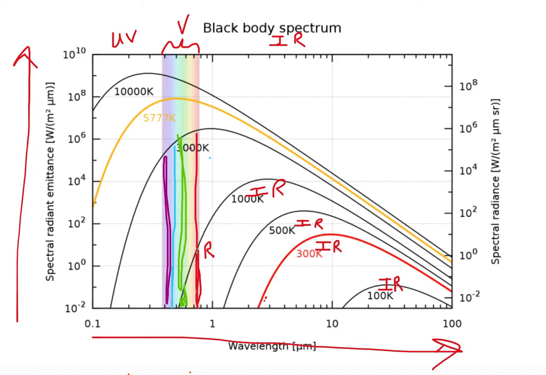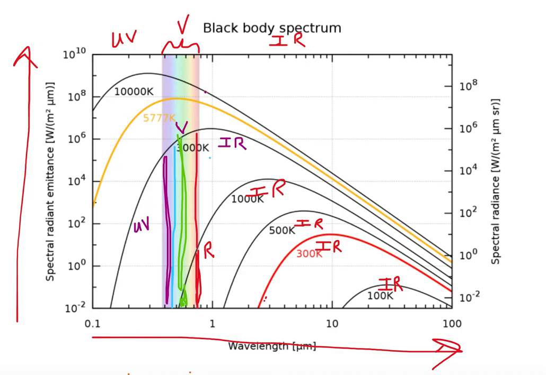But the point is, the 3,000 Kelvin object emits red, orange, yellow, green, blue, indigo, violet. It emits not only in the infrared band, but it also emits in the V band, the entire V band, compared to the 1,000 Kelvin object that emitted no blue or violet light. And this 3,000 Kelvin object also emits in the UV band.